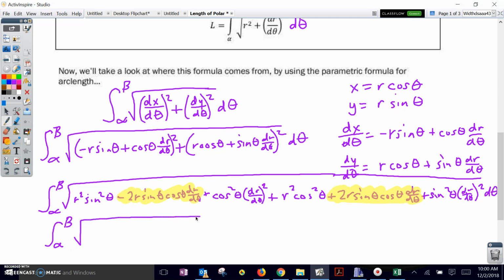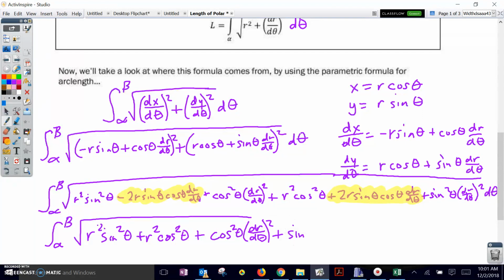Regroup them so that I have r squared sine squared of theta plus r squared cosine squared of theta plus cosine squared of theta (dr/d theta) squared plus sine squared of theta (dr/d theta) squared, all with respect to theta.